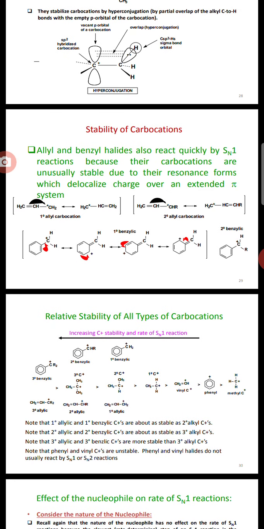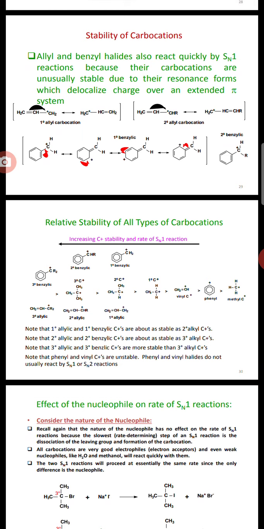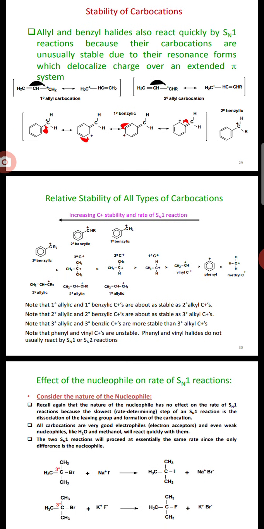Relative reactivity of the carbocations: tertiary allylic carbocations are more stable than secondary allylic, which are more stable than primary allylic carbocations. Then come other primary carbocations with one carbon atom, and the least stable is the methyl.